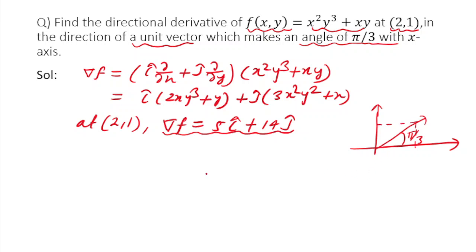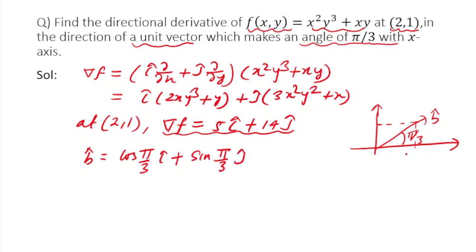I hope you know how to take the projection. So if I have this unit vector b cap, its projection in the x direction will be cos pi by 3, magnitude of b cap is 1, right? So it will be cos pi by 3 i cap and sin pi by 3 j cap.